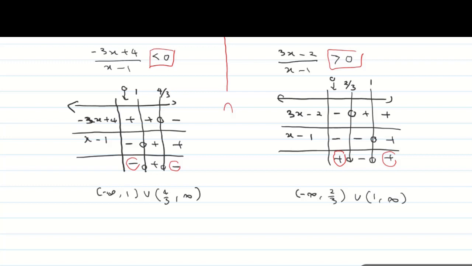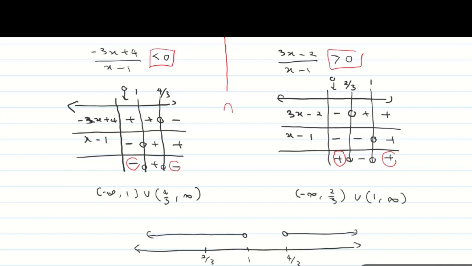So these two intervals, we are going to combine it by using intersection. So we are going to use number line to simplify it. So we have 2 over 3, 1 and 4 over 3. So we will draw the first solution here on the same line, on the same level. So here on the left side of 1 and on the right side of 4 over 3. That is for the first solution.